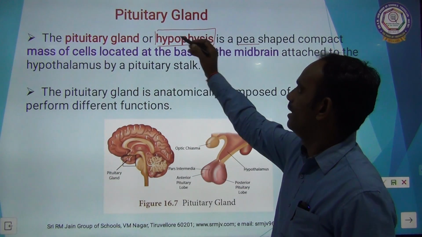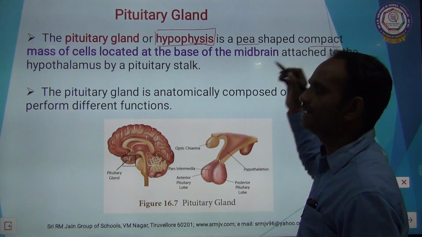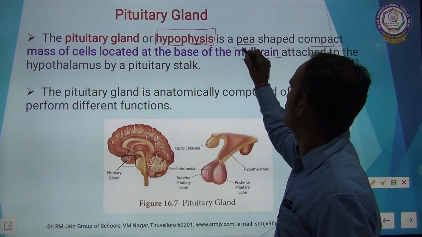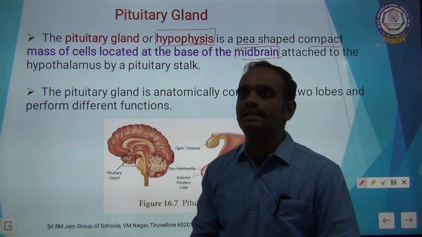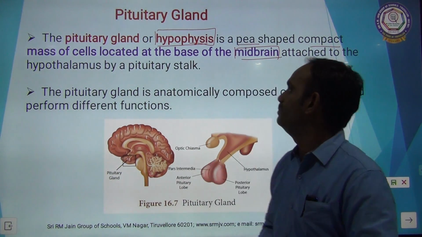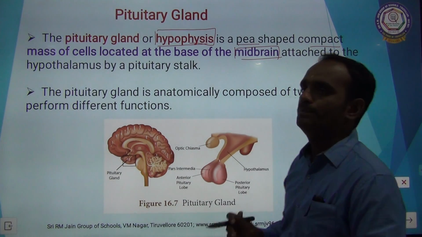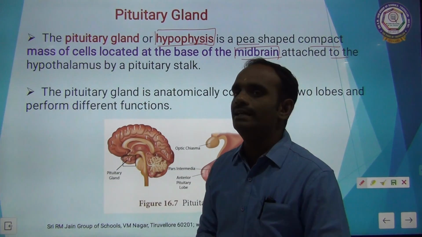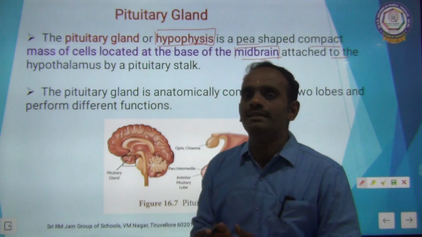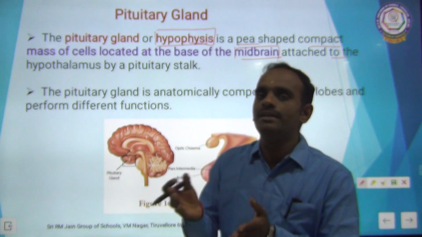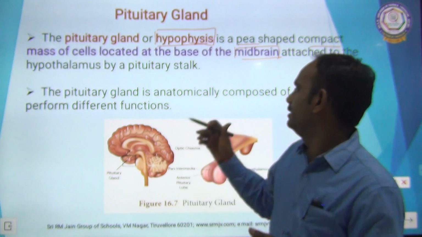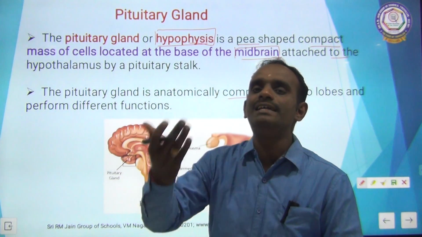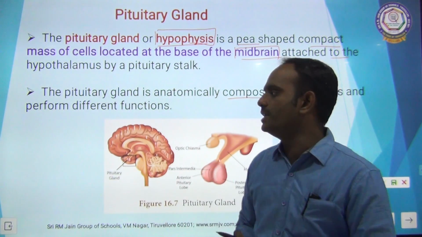So it is a pea-shaped compact mass of cells located at the base of the midbrain, attached to the hypothalamus by the pituitary stalk. The pituitary gland is anatomically composed of two lobes. One is called anterior lobe, another one is called posterior lobe.